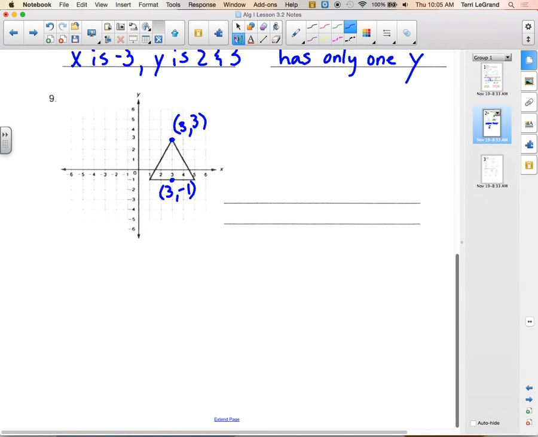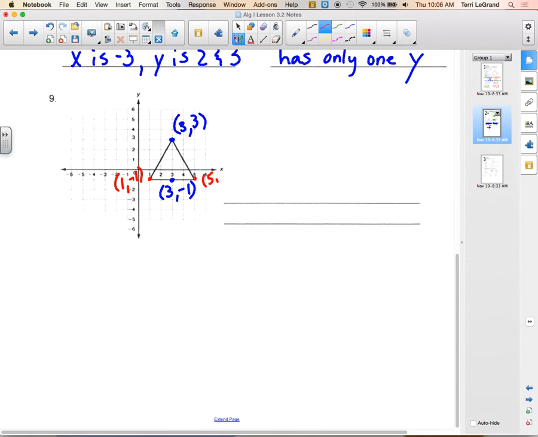Okay, let's go over here to this one, this point right here. What's that one's ordered pair name? 1, -1? When x is equal to 1, does it have any other y values? No. Okay. How about over here? What's this one's ordered pair name?